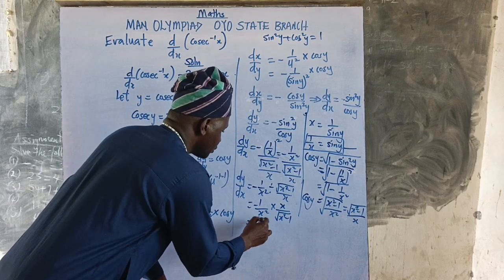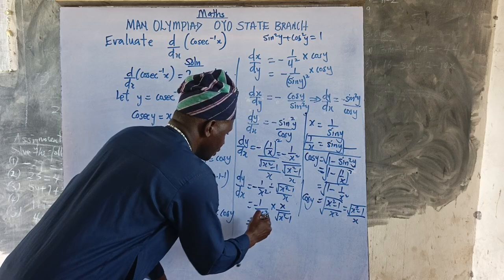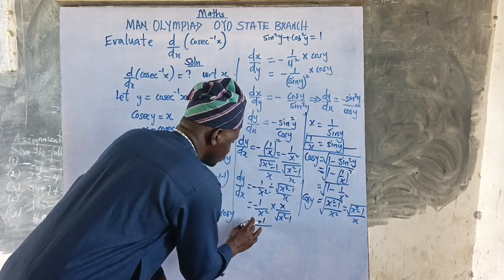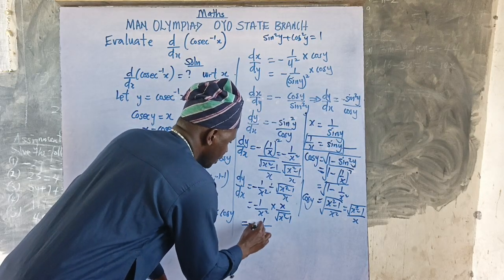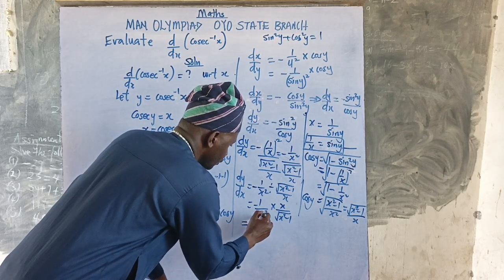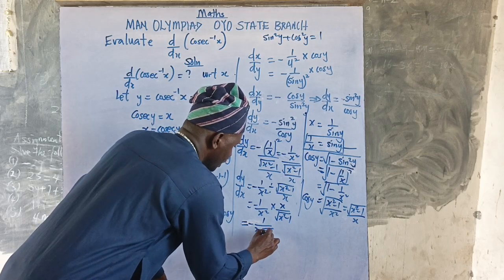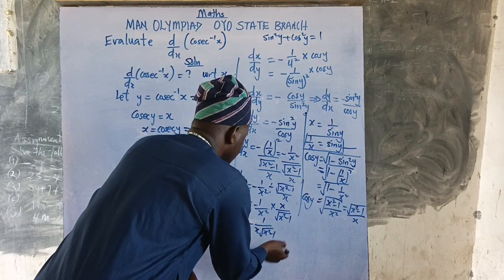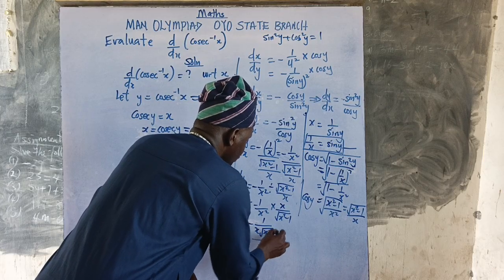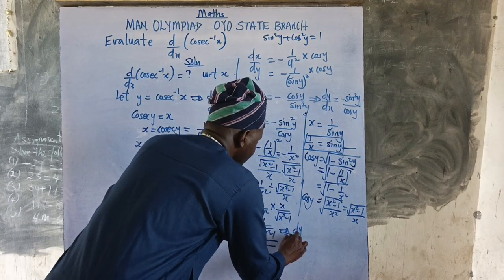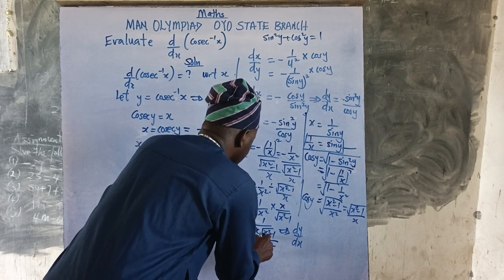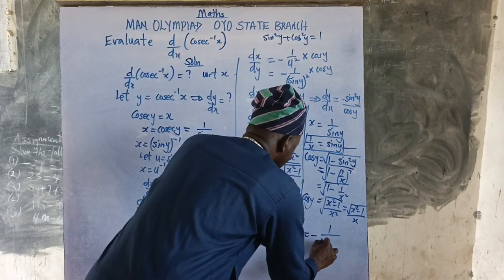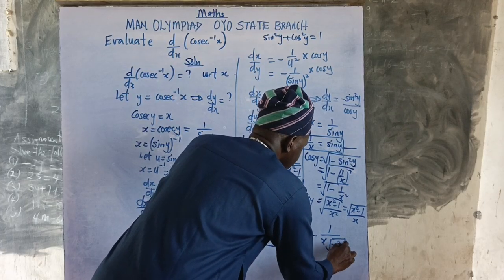When you simplify further, this x can cancel, and we have minus 1 in the numerator, and x remains, so x times the square root of x square minus 1, which can be simplified by factorizing, or we can leave our answer in this form. So therefore, dy/dx equals minus 1 over x square root of x square minus 1.